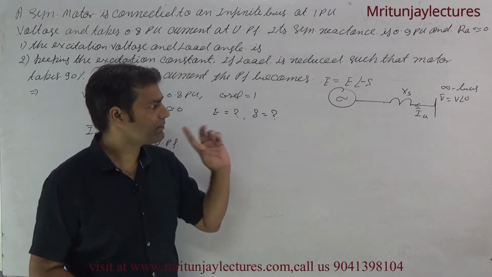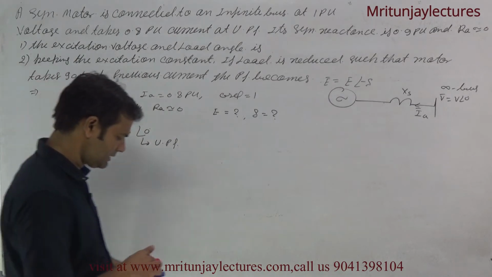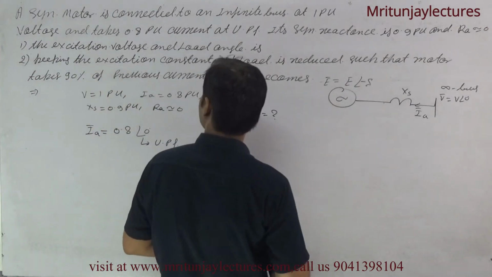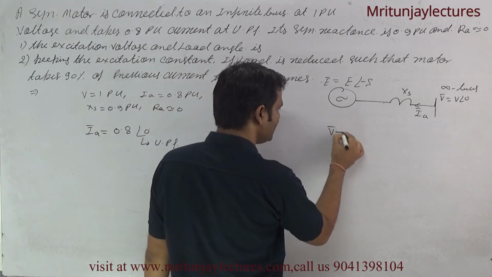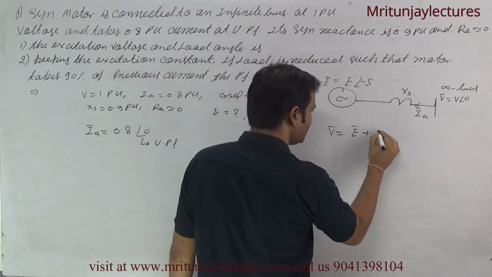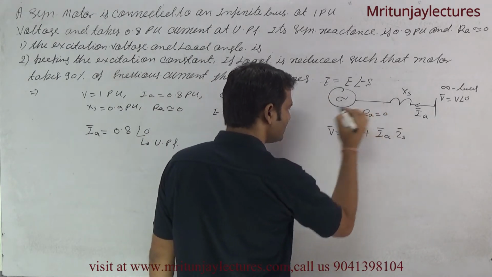Now another way. This one is a synchronous motor, so V is equal to E plus Ia into Zs, with Ra equal to 0.